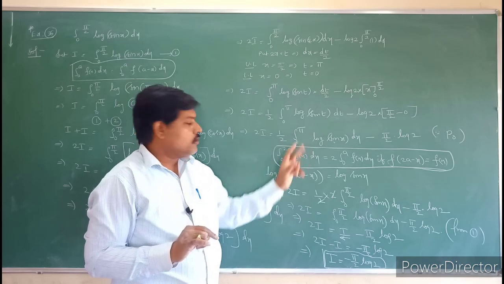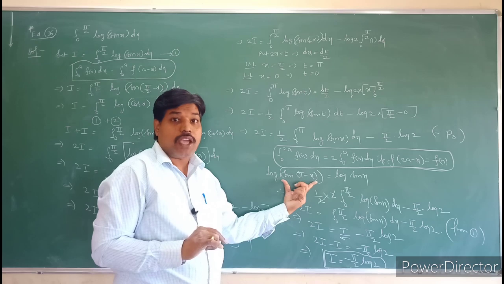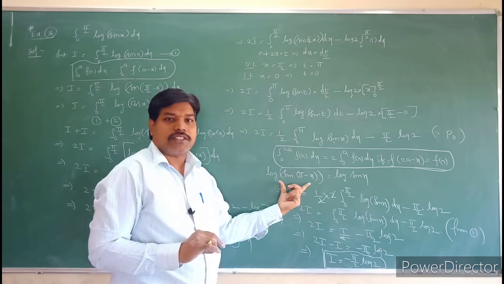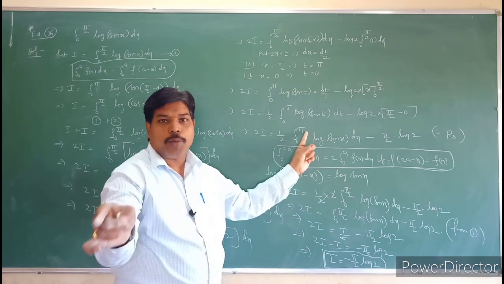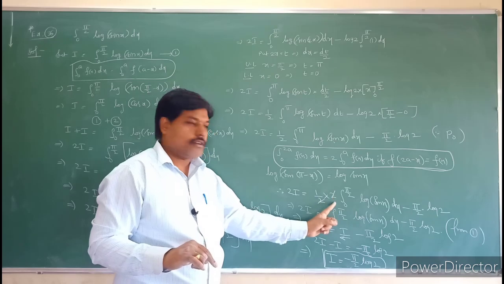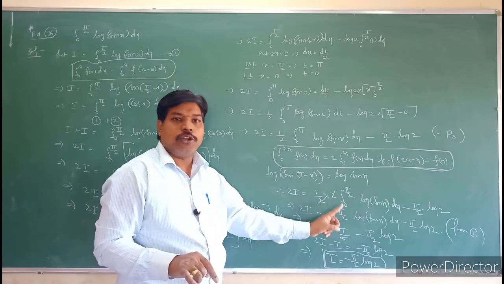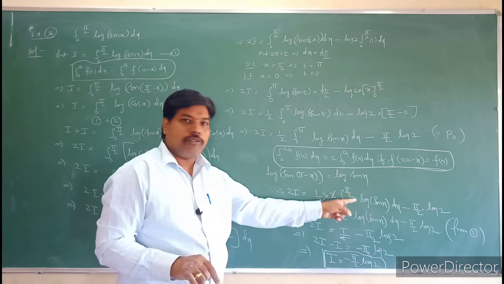Are you understanding that? So f of 2a minus x will become f of x. So this pi you can write as 2 into pi by 2, and that 2 you can write in the front: 2 into integral 0 to pi by 2.